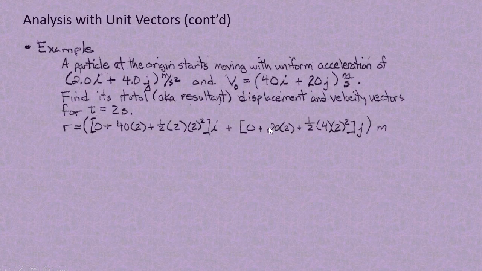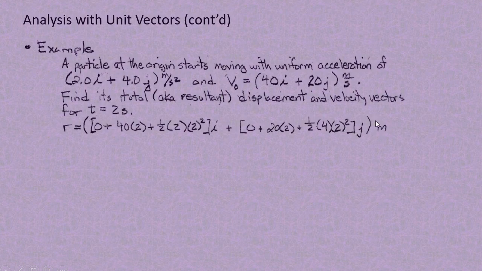We get our v sub naught right here, 20 meters per second times the time we're evaluating it at, which is 2 seconds, plus here's our acceleration term, 1/2 times the vertical acceleration, which we get right here, times time squared, times the unit vector j.